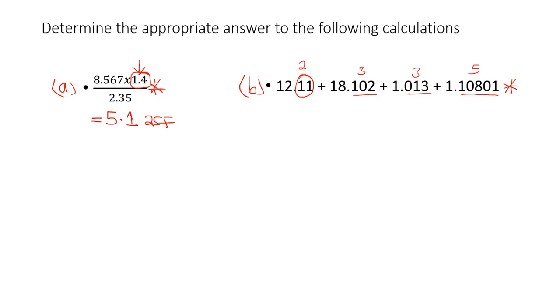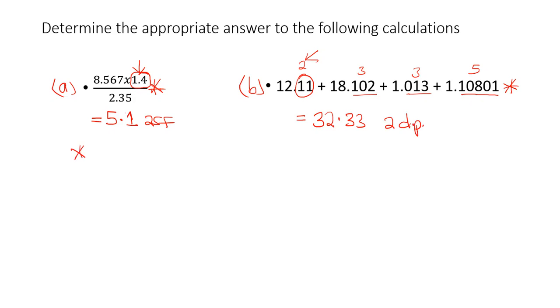This one has 5. So our answer is going to have 2 decimal points. And if you add everything on this one, the answer will be 32.33. That is to 2 decimal points.